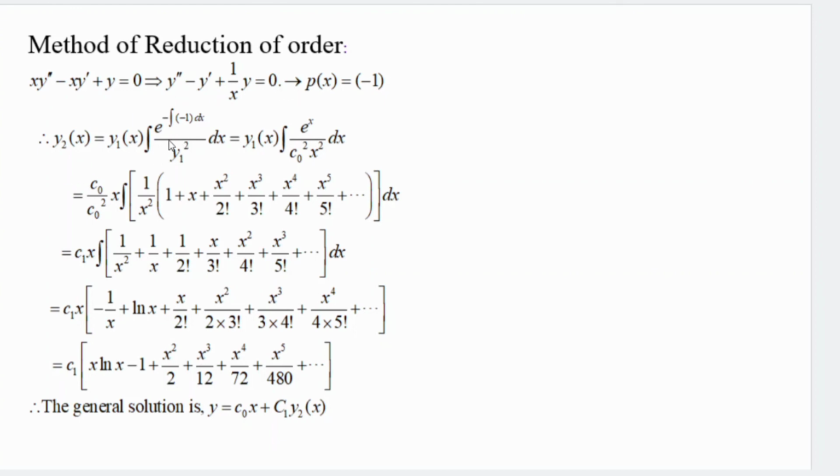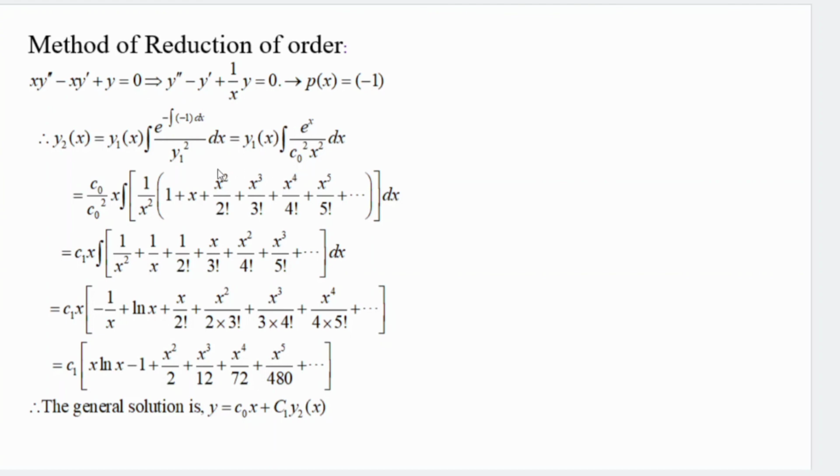So we know that for reduction of order the formula is y2 equal to y1 times the integration of the integrating factor, e power minus integration of p dx, divided by y1 square, the whole thing again integrated. Now we put our y1, and we put p equals to minus 1, so the integrating factor equals e power x.